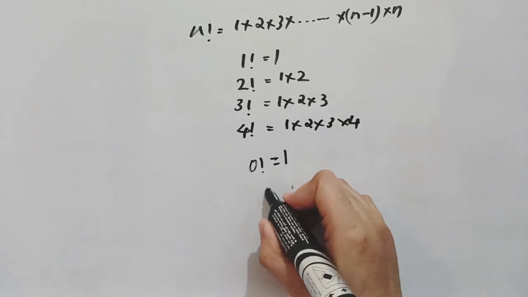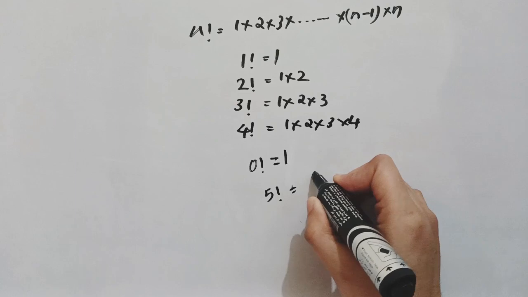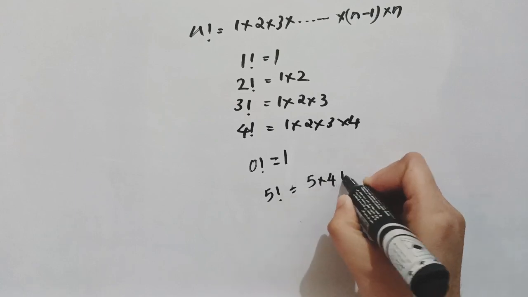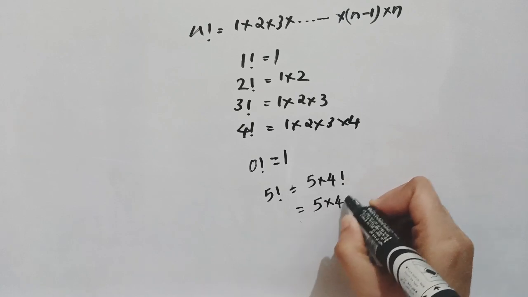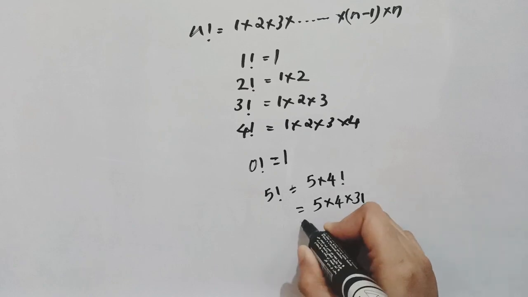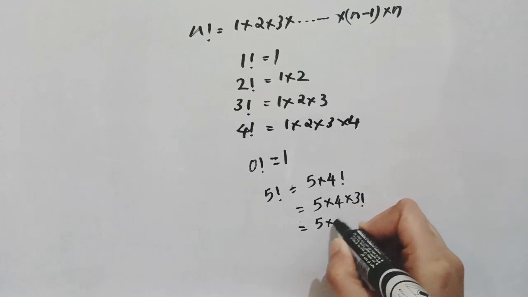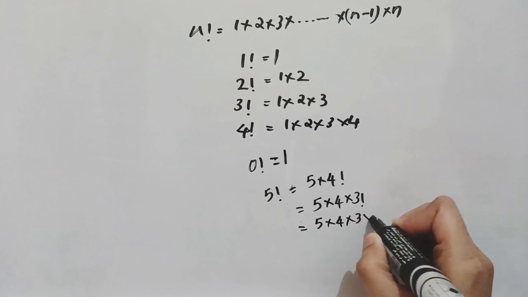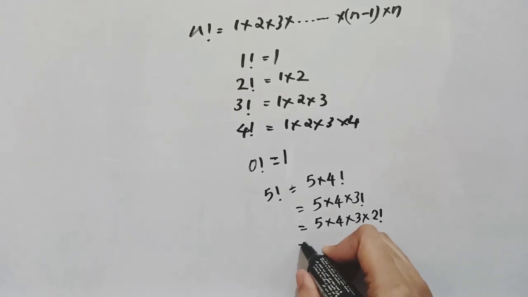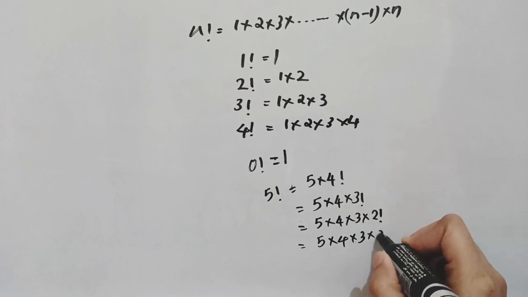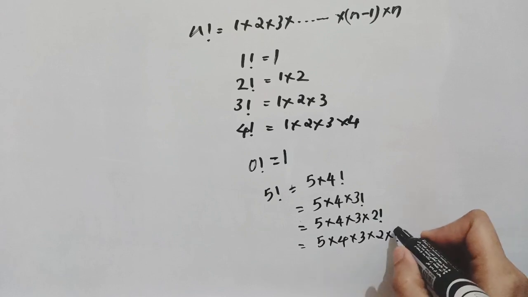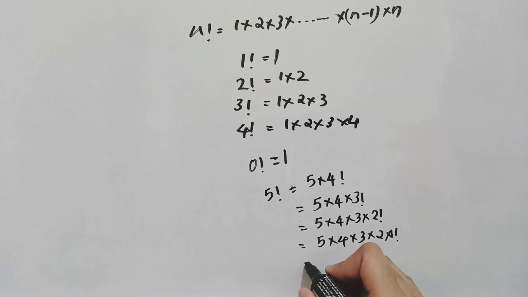Also, we can write 5 factorial equal to 5 into 4 factorial, which is equal to 5 into 4 into 3 factorial, which is equal to 5 into 4 into 3 into 2 factorial, which is equal to 5 into 4 into 3 into 2 into 1 factorial, which is equal to 5 factorial.